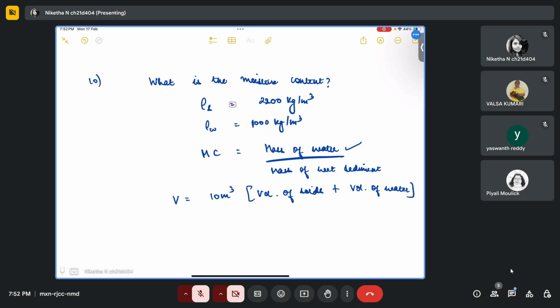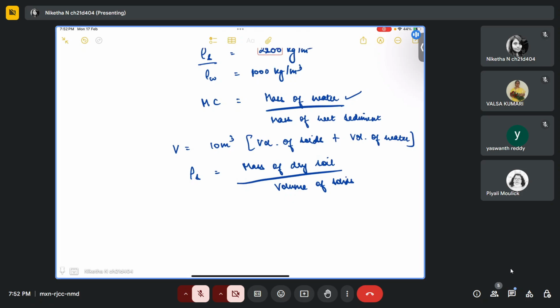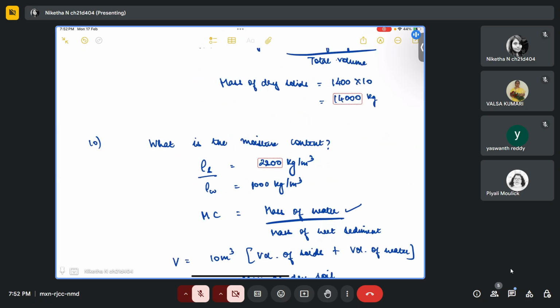But they have also given us the particle density of the soil solids. This particle density is rho s, which is equal to the mass of dry solids or mass of dry soil divided by the volume of solids only. So that's the difference between particle density and bulk density.